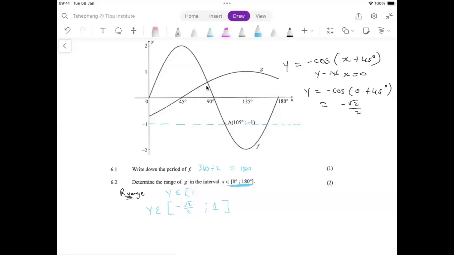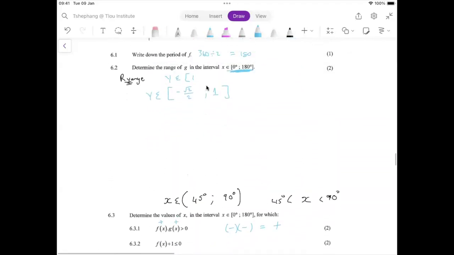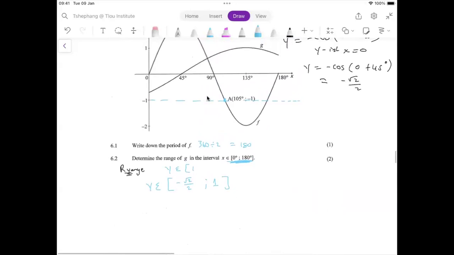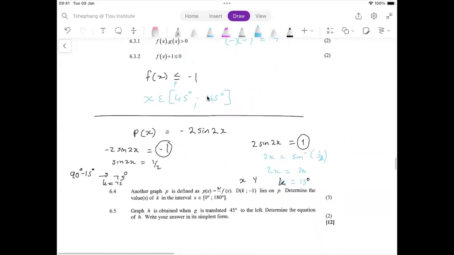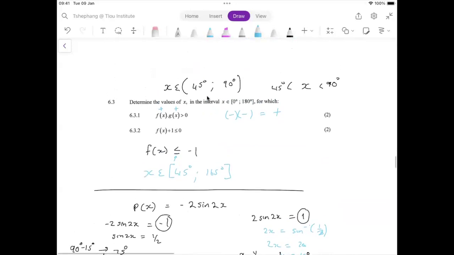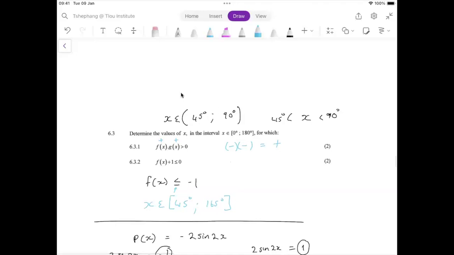Now, this point is given as 105. Just a second, please. I'm not seeing how it could be 105. Wait, hang on. The values of x. Yes, okay. Absolutely right. Thank you for that correction. I'm seeing my mistake.